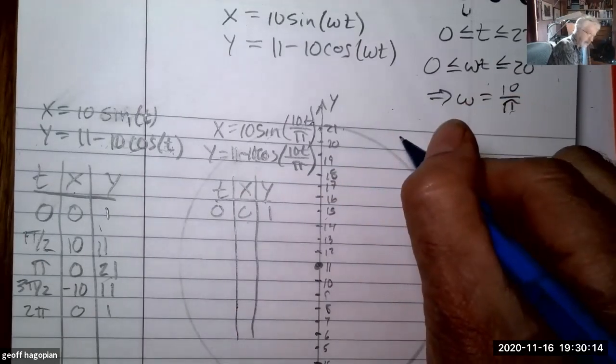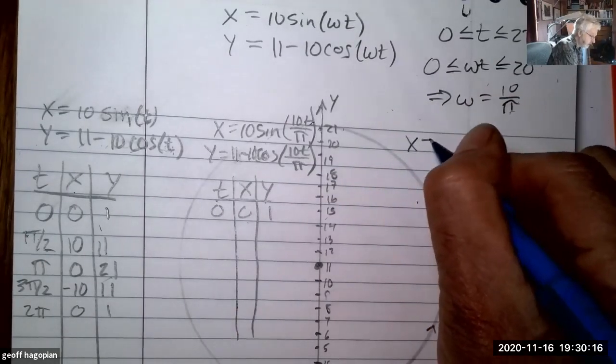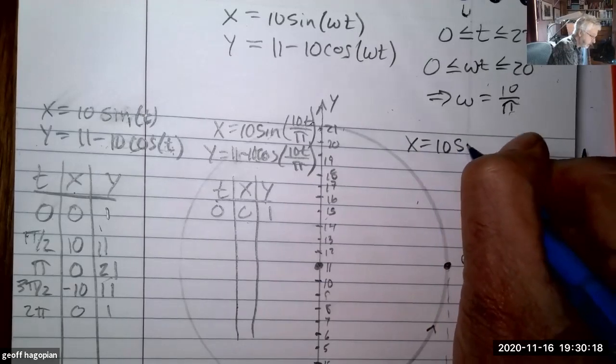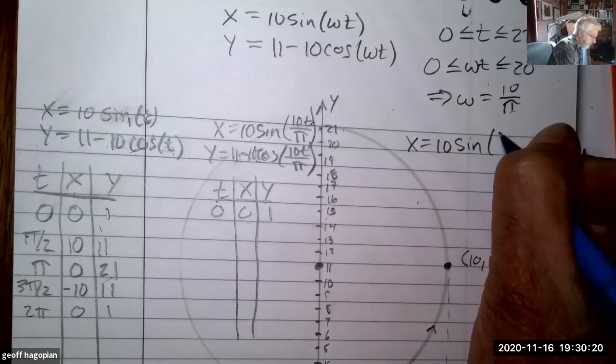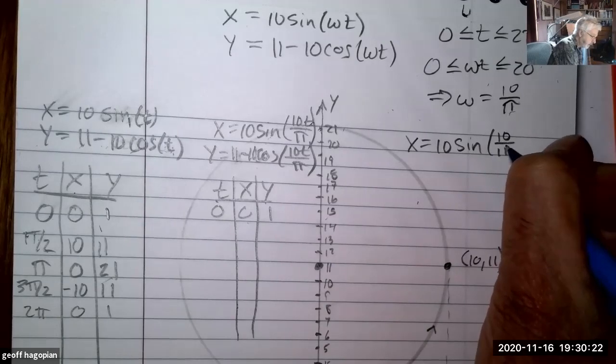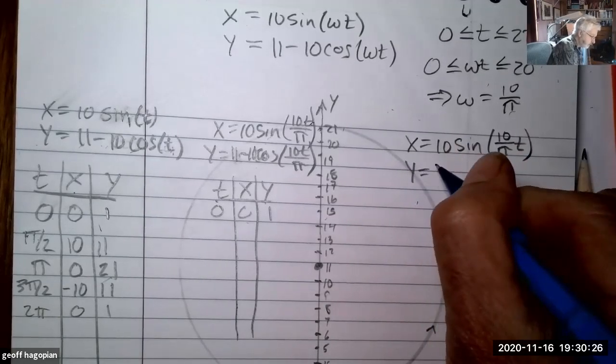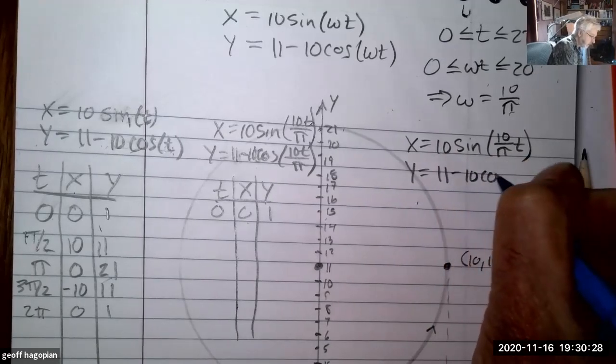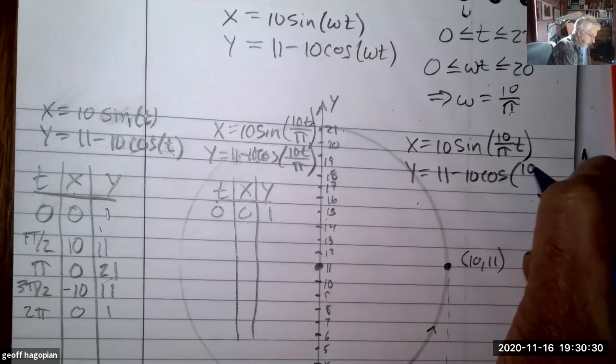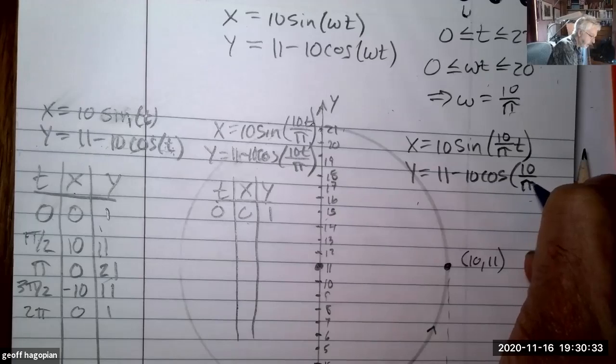Yeah, I'll rewrite it over here. So x is 10 times the sine of 10 over pi t, omega t, and y is 11 minus 10 times the cosine of 10 over pi t.